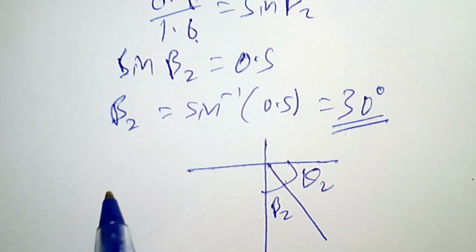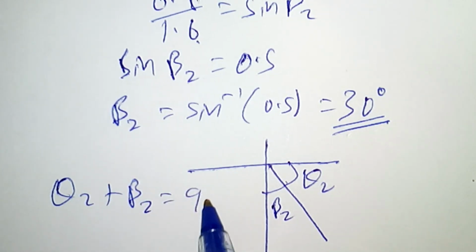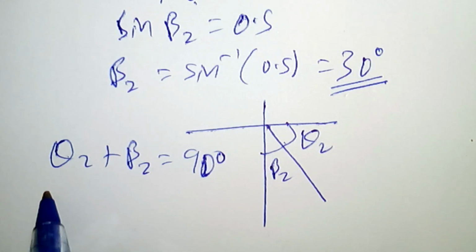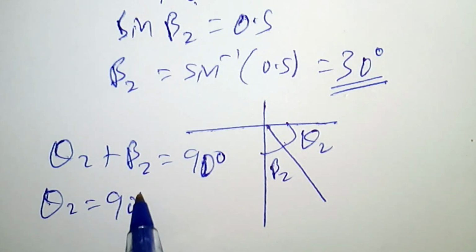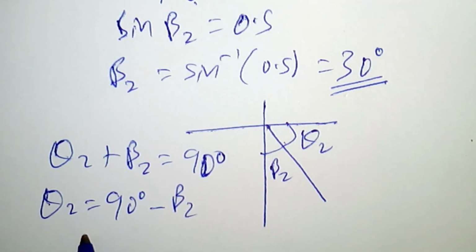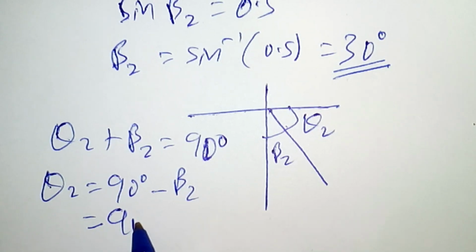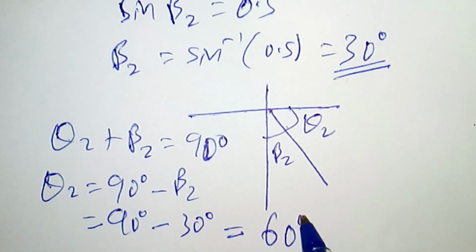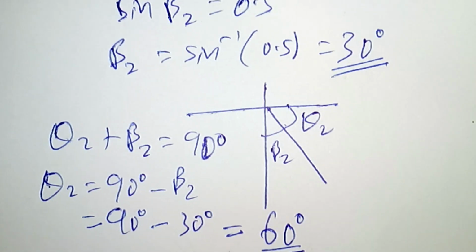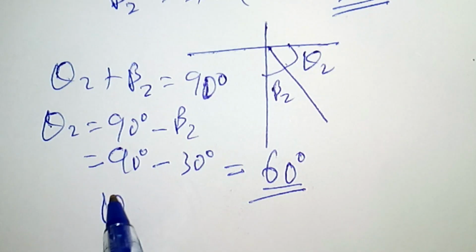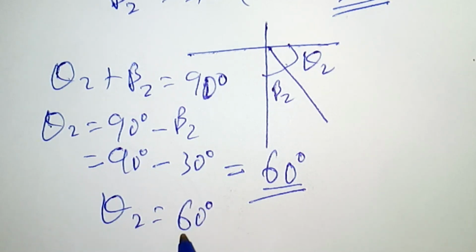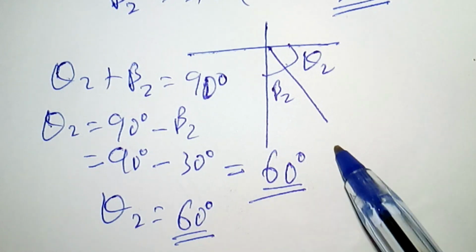From this diagram, we can see that theta 2 plus beta 2 is equal to 90 degrees. So theta 2 is equal to 90 degrees minus beta 2, which is 90 minus 30, equal to 60 degrees. So the required angle theta 2 is 60 degrees. So the correct answer is alternative B.